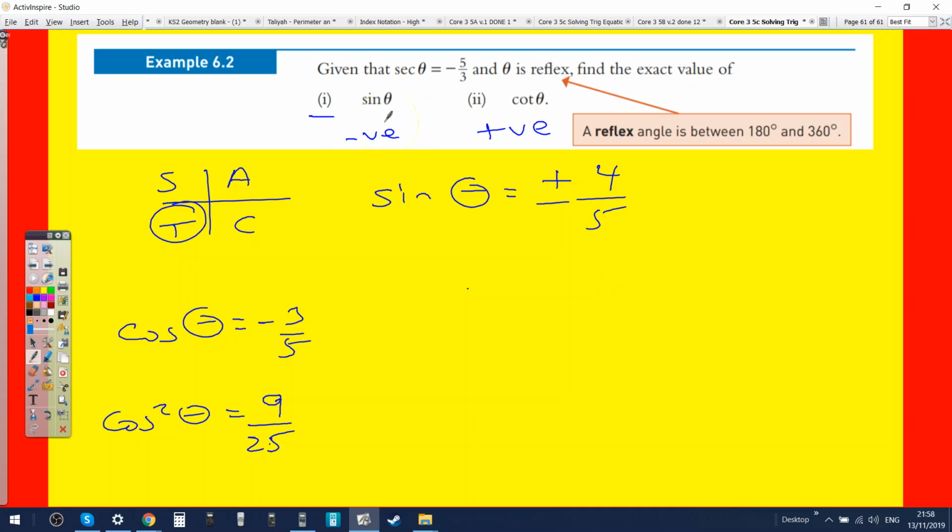But we said it's definitely going to be negative. And so we would say it is the negative one, not the positive one. Same with tan. It would be the positive one, not the negative one. It's just a different method for solving it instead of using Pythagoras with the triangle.